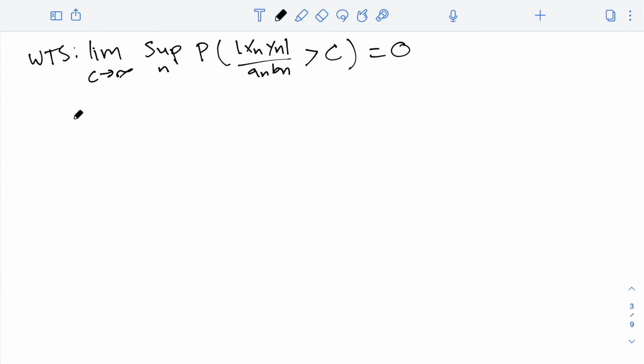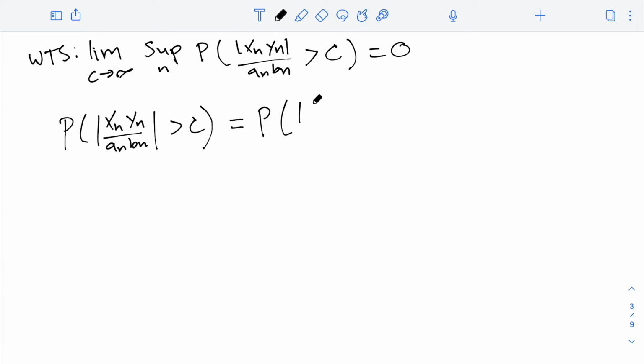What are we going to do? We are going to rewrite this. So this probability piece, the probability that the absolute value of Xn Yn over an bn is greater than c, I'm going to break this up into two things. This is, for now, equal to the probability that Xn over an times Yn over bn is greater than c.